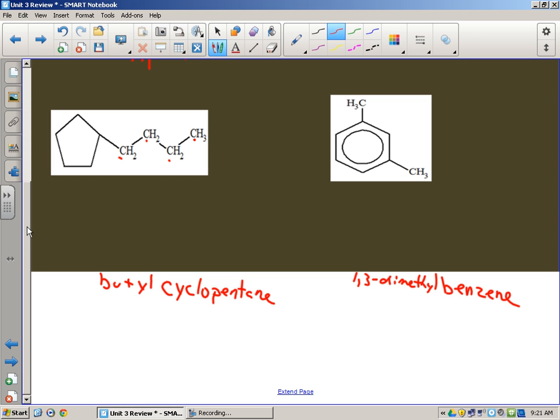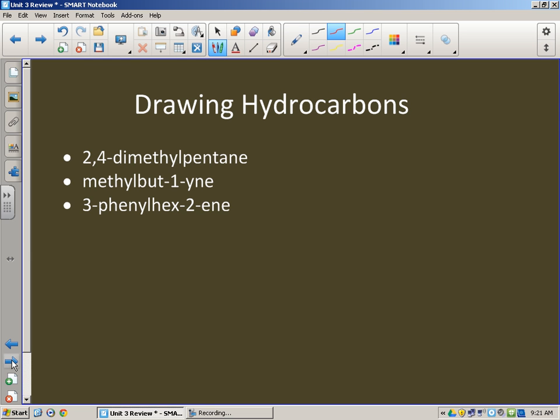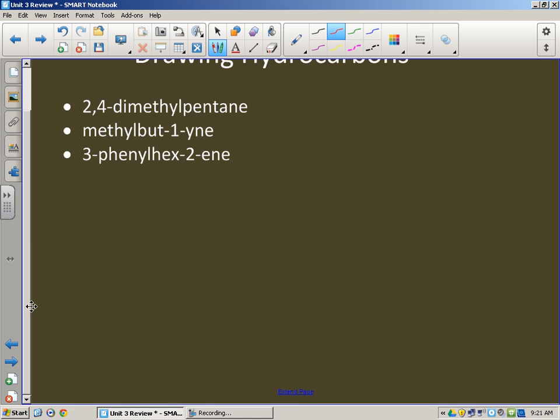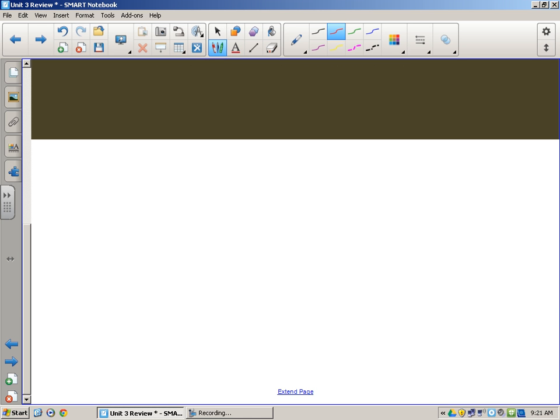All right. I guess next we got to do some draw rings. 2,4-dimethylpentane. So I'm just going to go to the bottom here and do those. 2,4-dimethylpentane. Start with the pentane part. 1, 2, 3, 4, 5. 2 and 4 have methyls.